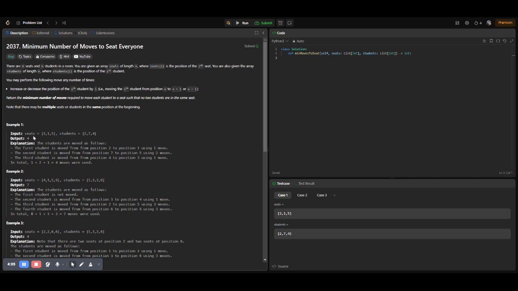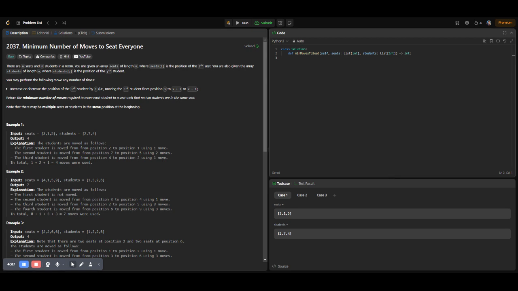We want the minimum number of moves. Return the minimum number of moves required to move each student to a seat such that no two students are in the same seat. Note that there may be multiple seats or students in the same position at the beginning.